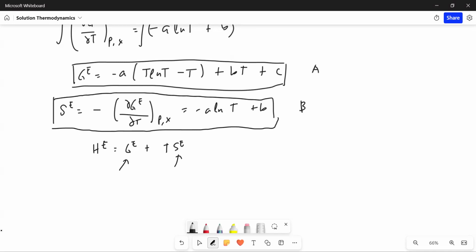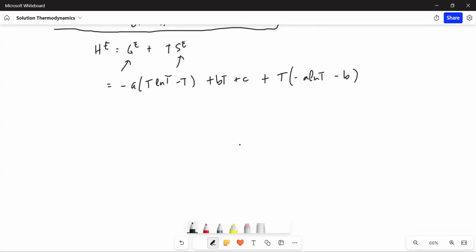So we do that. We write G as negative A T ln T minus T plus BT plus C, plus the temperature right here multiplied by SE, negative A ln T minus B. Okay?